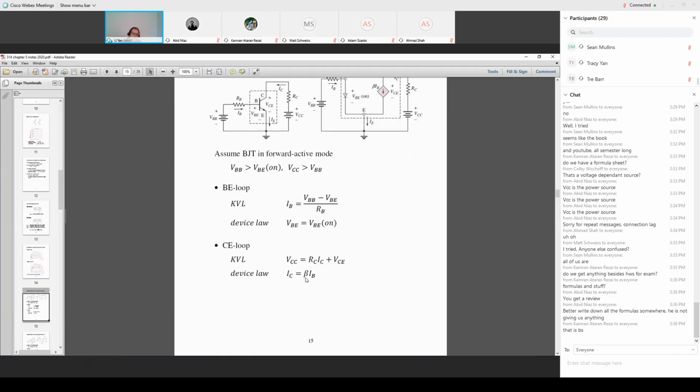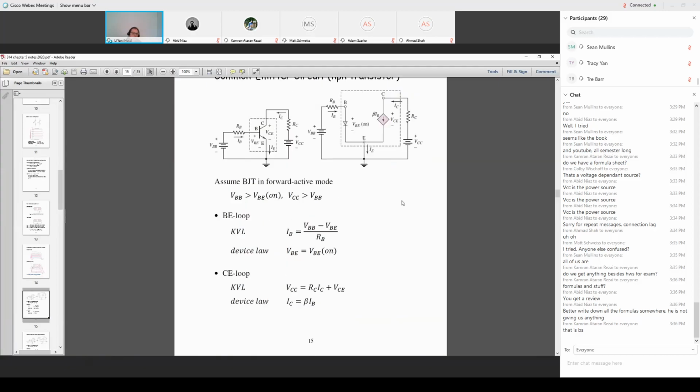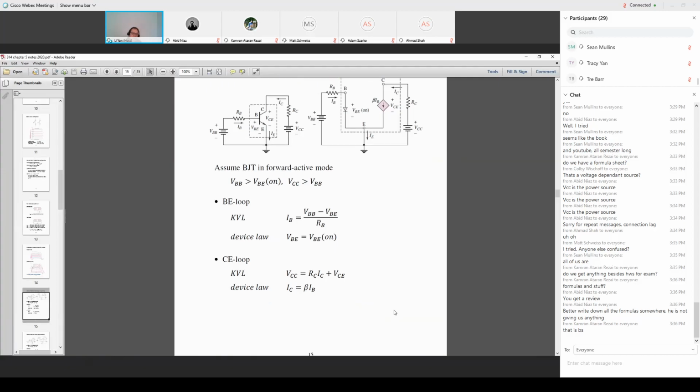And for the second loop, I can also write Kirchhoff's voltage law. The voltage rise VCC equals the voltage drop at the resistor RC plus the voltage drop between the collector and emitter, VCE. So that's the second Kirchhoff equation: VCC equal to RC times IC plus VCE.